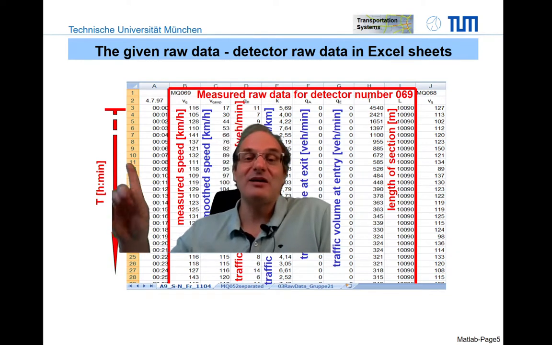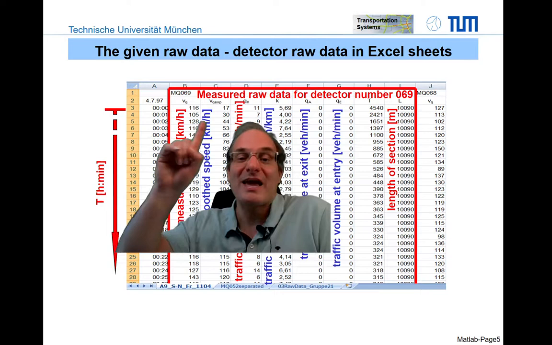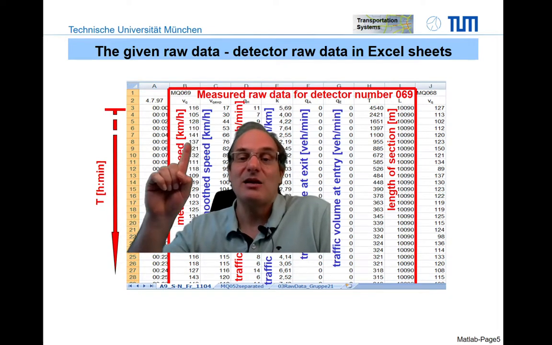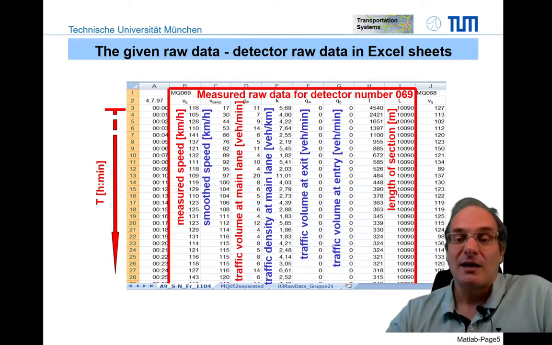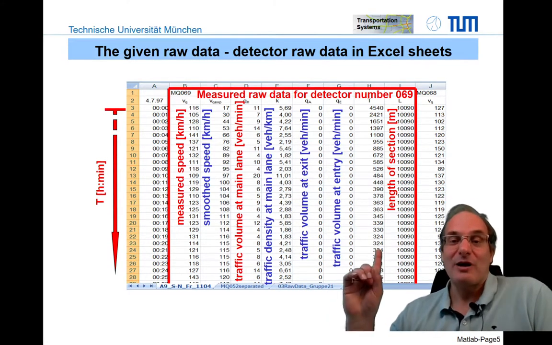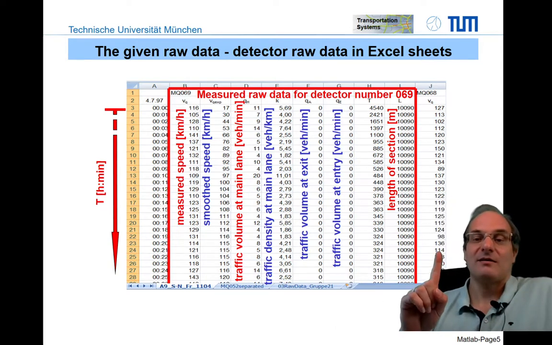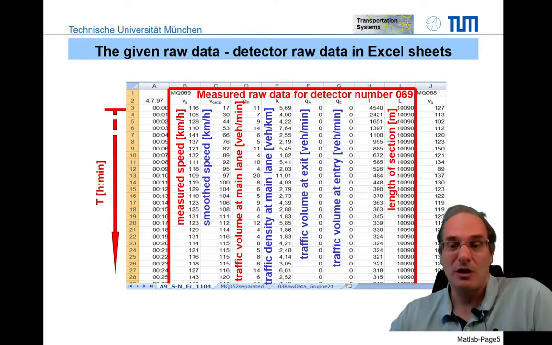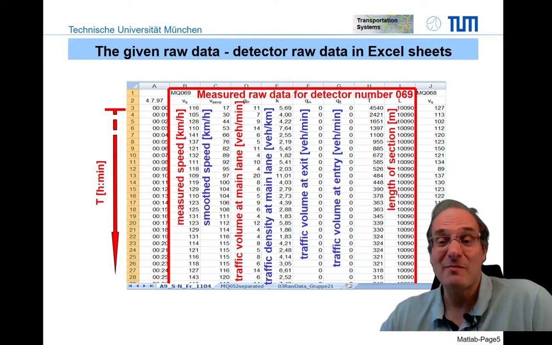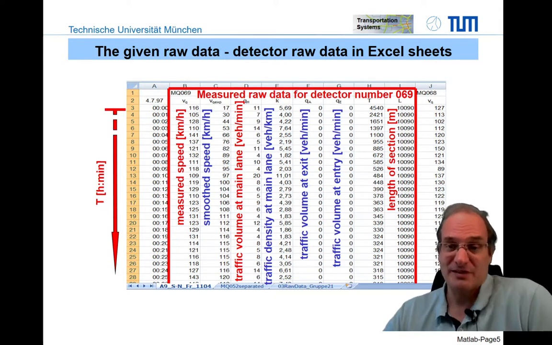So you have here the minute column, one information per minute, and then you have a block of sensor information. This means you have 9 values per sensor, and then the next sensor follows. So each column is an information about one value, one item of a sensor.